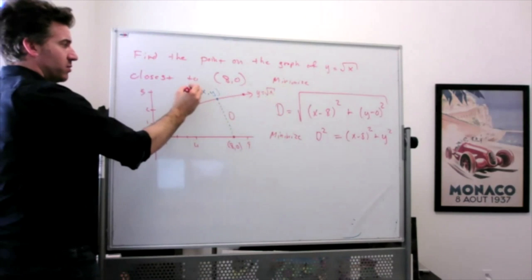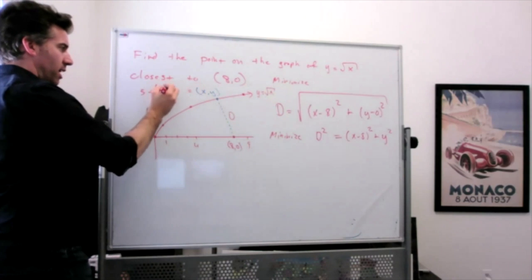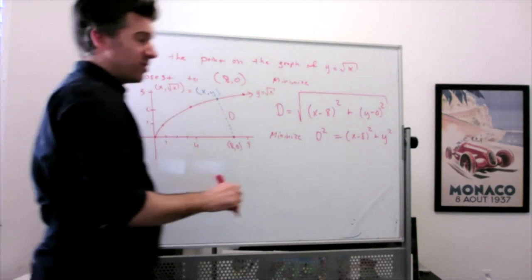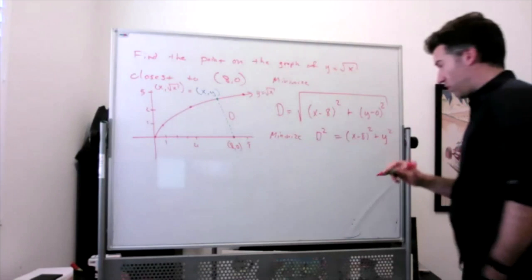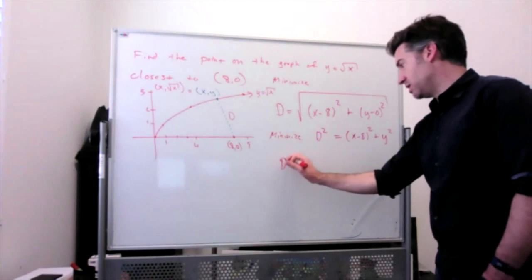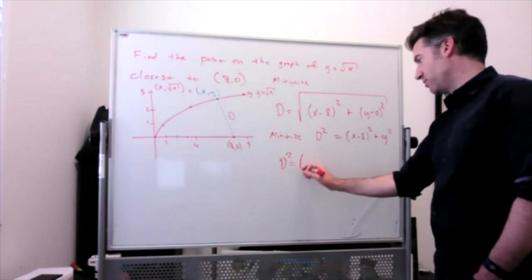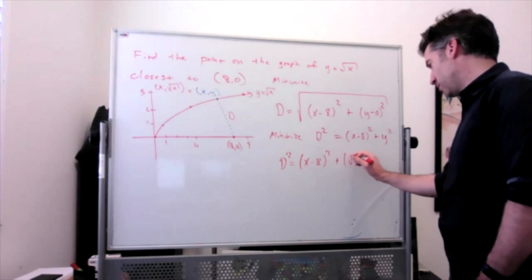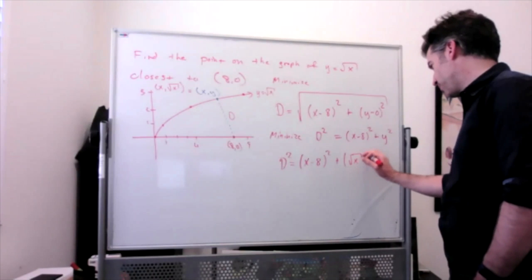So this point here is really the point (x, square root of x), so that we can replace y with the square root of x. So that d squared is actually equal to (x minus 8) squared plus (the square root of x) squared.